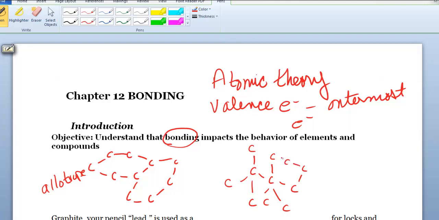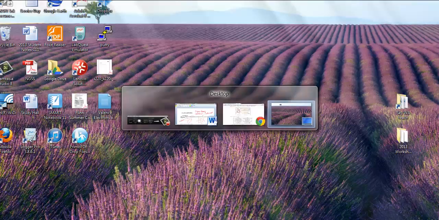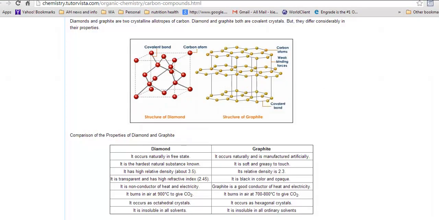This is part of what makes diamond such a strong, powerful substance: the bonding and the interconnectedness. So let me give you a little idea.